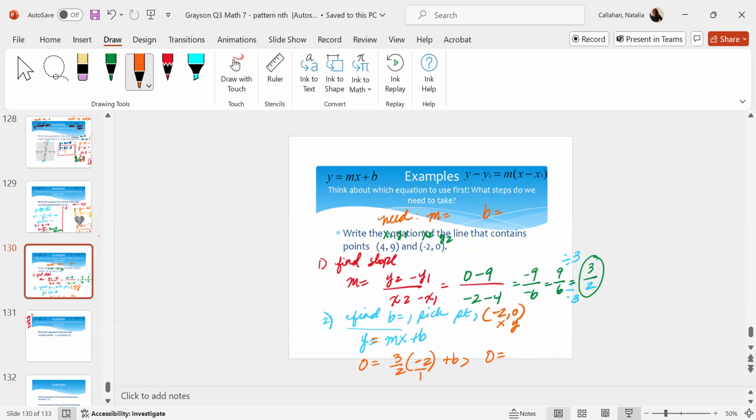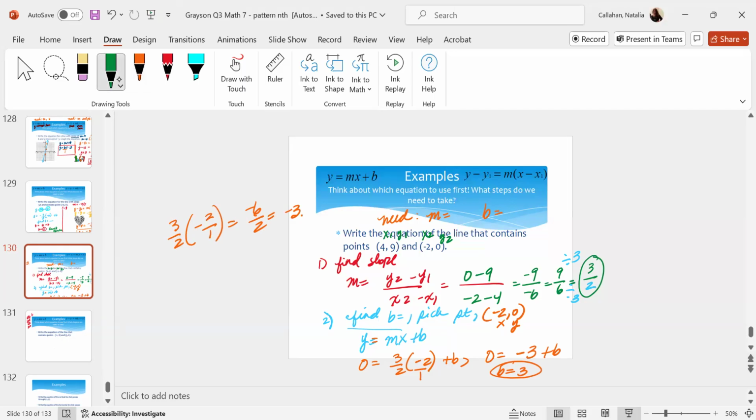Okay, -6 over 2, so that's going to be a -3, right? That's b, and what is b? 3 over 2 times -2 over 1, the -6 over 2, which is -3.